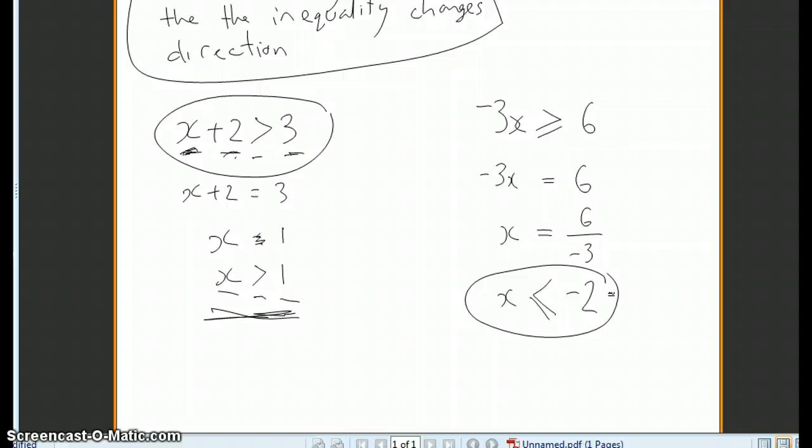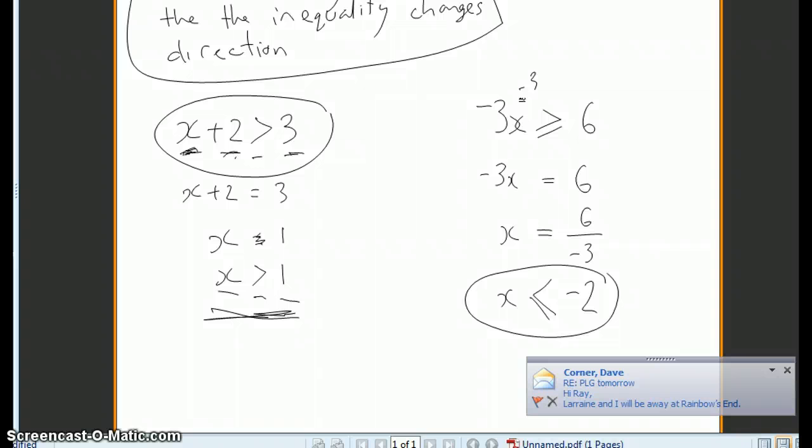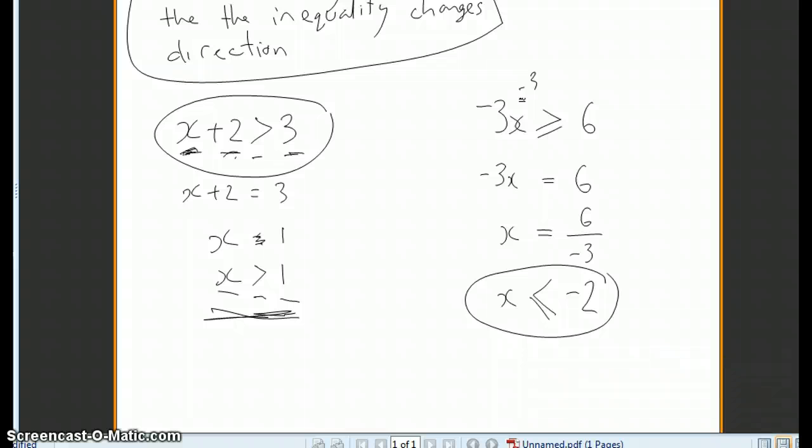Less than negative 2 would be negative 3. Right? Put negative 3 into here. Negative 3 times negative 3 is positive 9, and positive 9 is greater than positive 6.